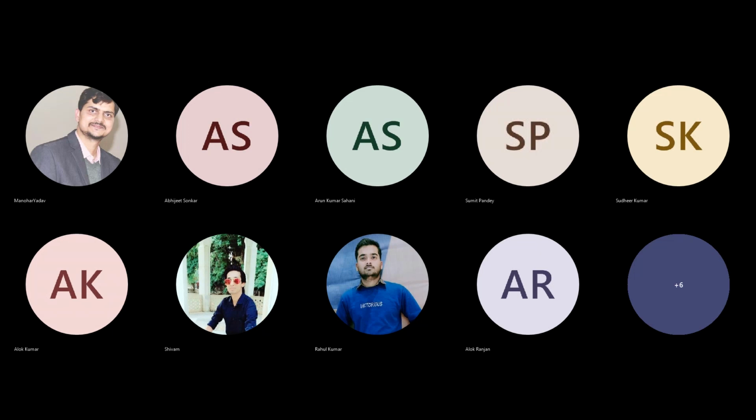How do you measure the size of a JPG image? Total number of DN is equal to 25 into 10 to the power 6.